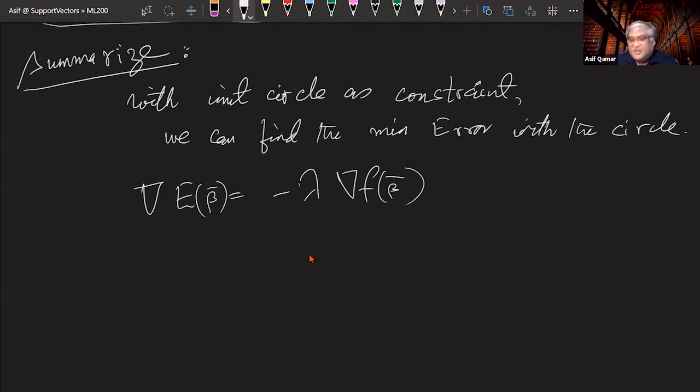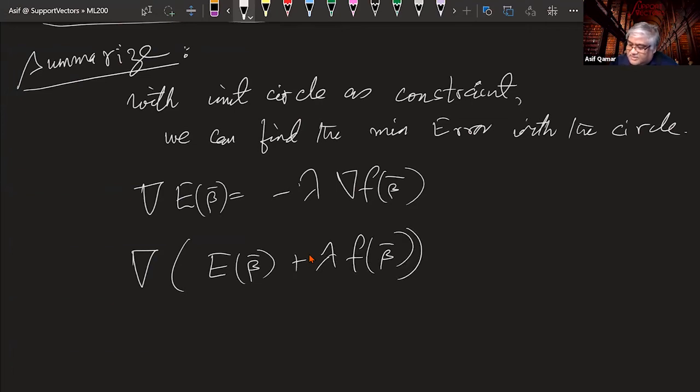This is it. Now, let us rewrite this equation. What we are basically saying is the gradient of E beta plus lambda F beta is 0. This is what we are trying to find, isn't it? I just rewrote this equation.